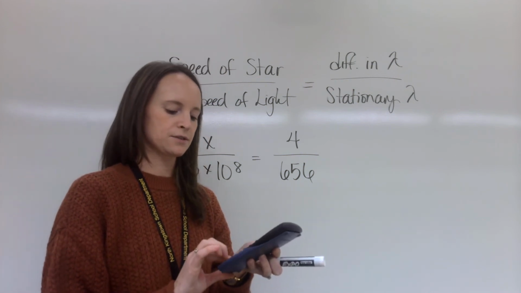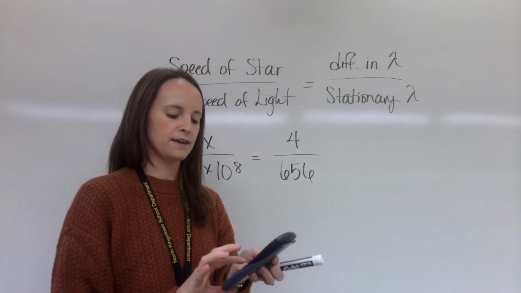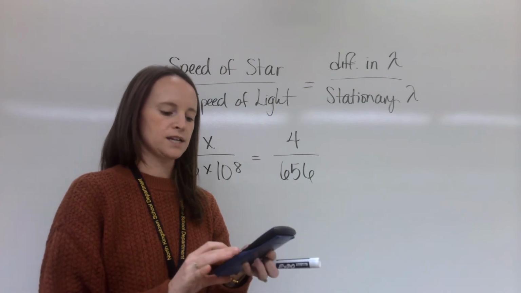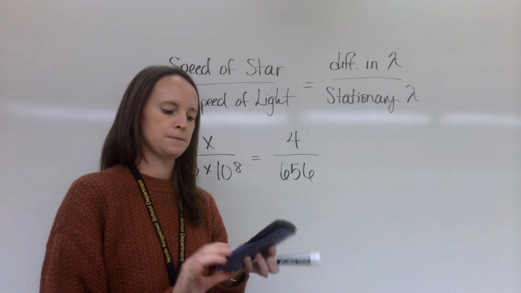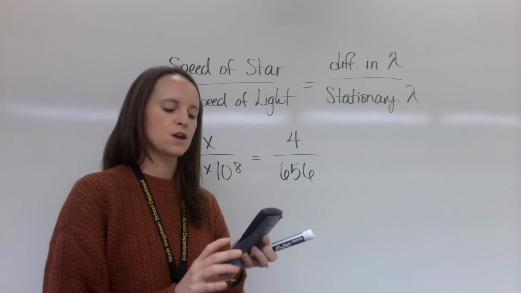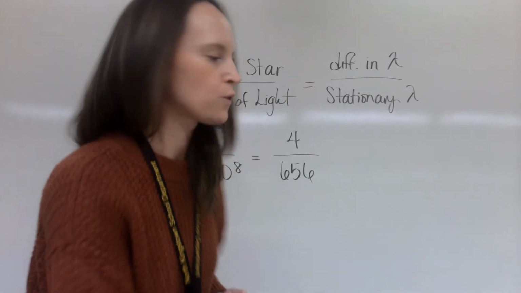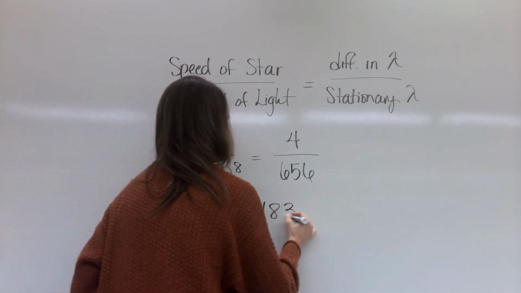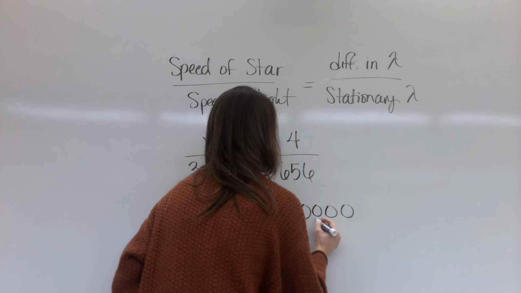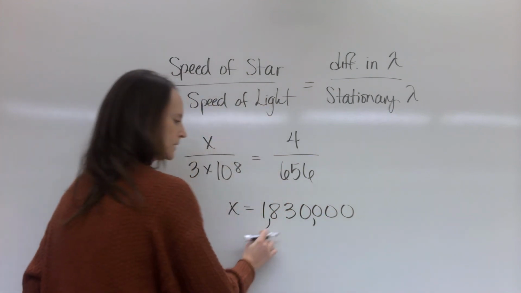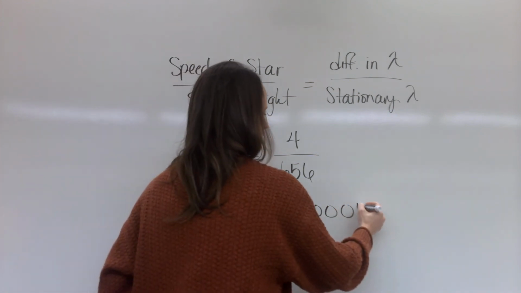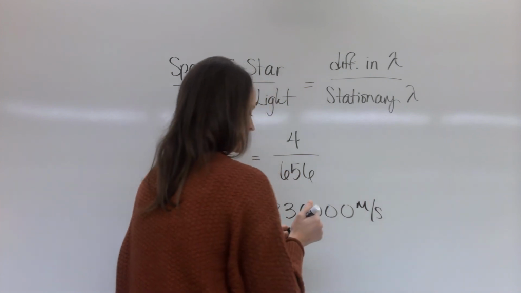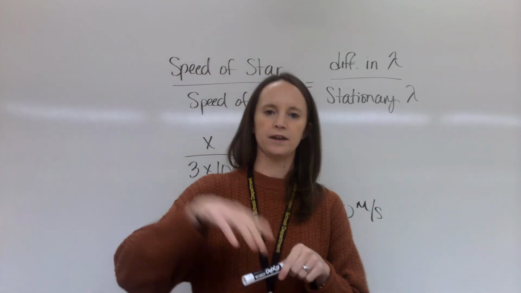I'm gonna take 0.0061 and multiply that by 3 times 10 to the 8th. I get an answer of 183 and 4 zeros. 183,000. So that is 1,830,000 meters per second is the speed at which Vega is moving away from us.